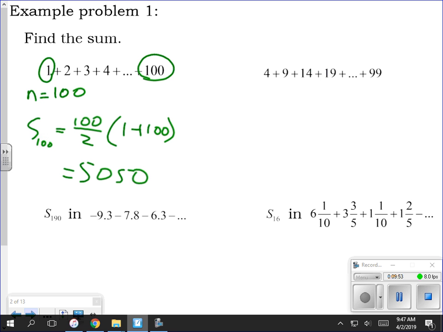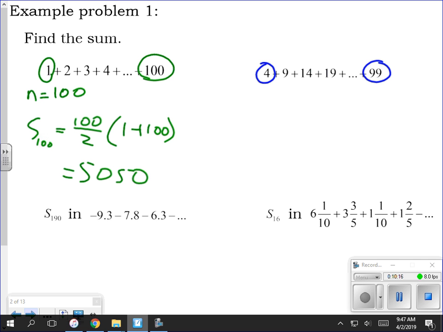This one, well, it's going to require a little more work. I know the first one, I know the last one. What I don't know is how many there are. So I have to figure that out. Well, we did that back when we worked on arithmetic sequences. We used this formula.